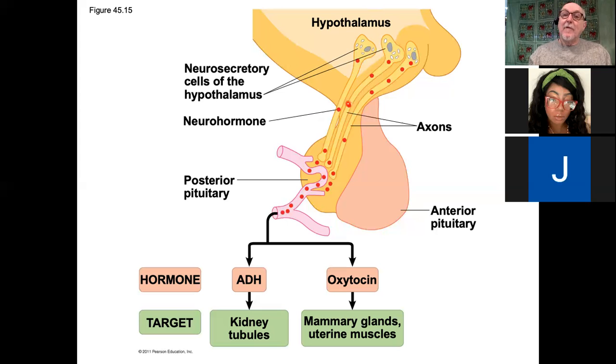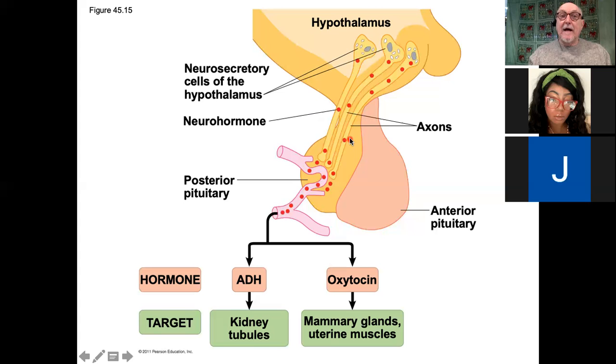So for the posterior pituitary, have a look at the way in which the hypothalamic nerves are organized. Here's the cell body here in the hypothalamus, and the nerve axons run all the way down into the pituitary itself there.